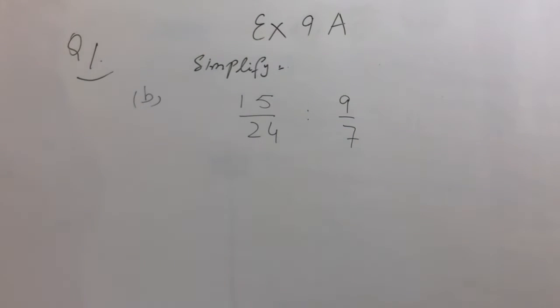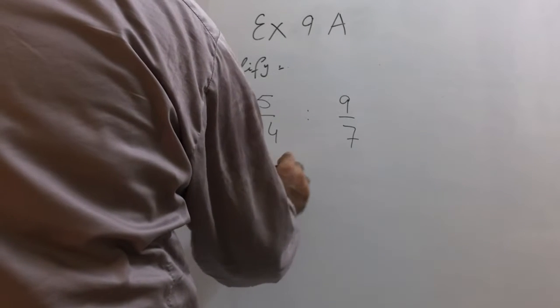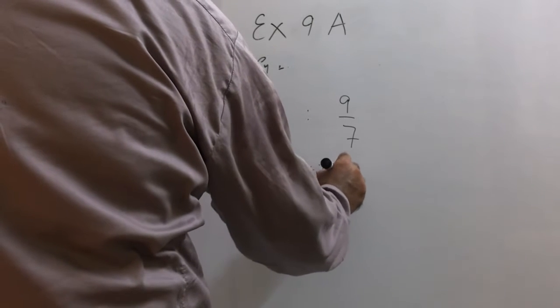These are fractions. So first we need to bring this into simple numbers. How to convert or change these fractions into simple numbers is that we will do cross multiplication.